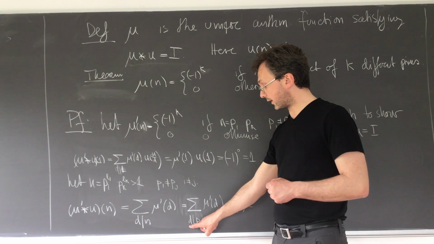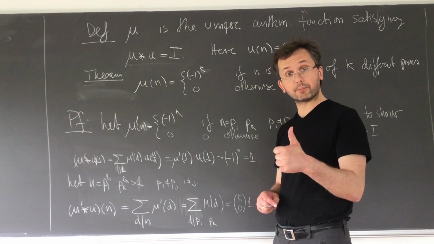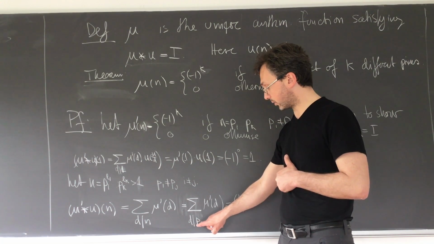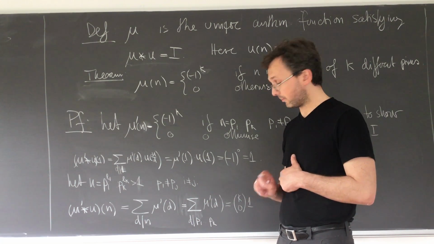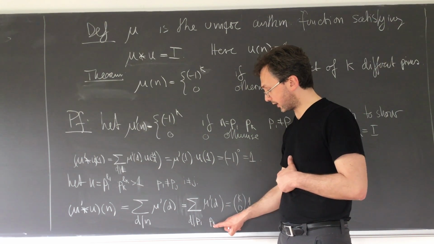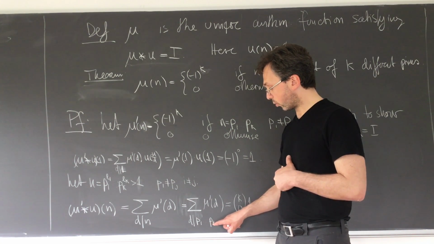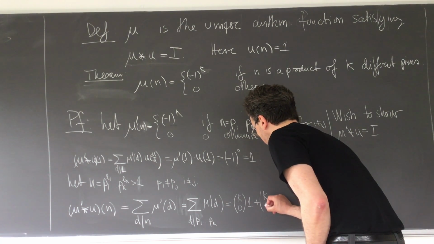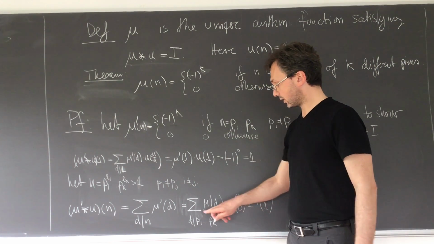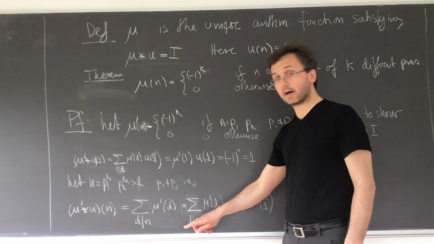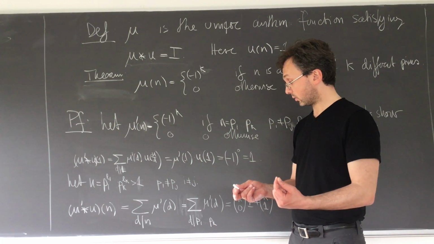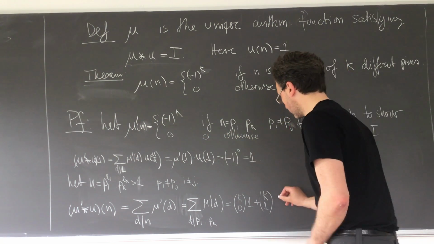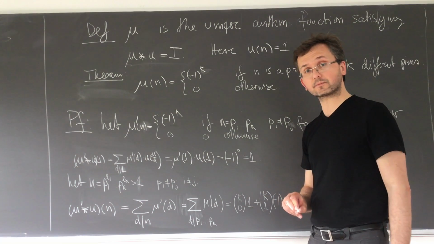Then there are divisors with exactly 1 prime. How many ways can I find a divisor which is exactly 1 prime? That corresponds to the number of ways I can choose 1 prime out of these k primes, so that's k choose 1 divisors. Now, mu prime on a divisor which is just a prime is, by definition, minus 1 to the 1. So I multiply this by minus 1.